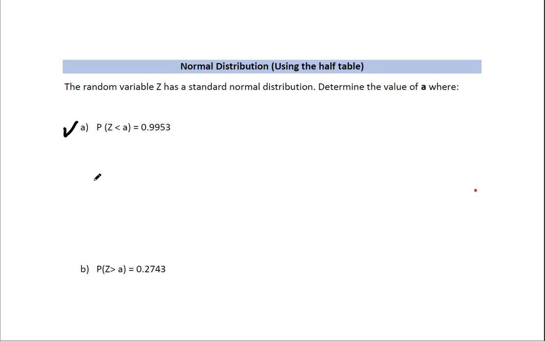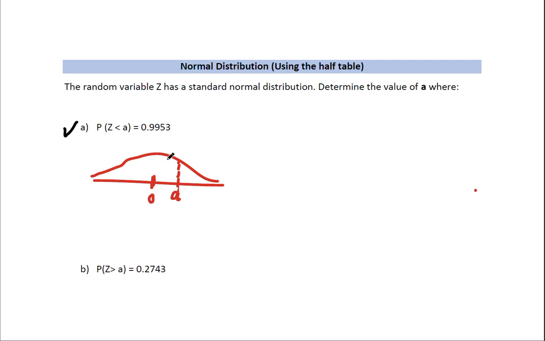So the first thing I'm going to do here is draw the standard normal curve to illustrate the area of interest. Now, in the standard normal curve, the value in the middle of the curve is 0. And we're asked to find the probability that z is less than a value a. So the value a is a positive value that I'm looking for, which is obviously to the right of 0.